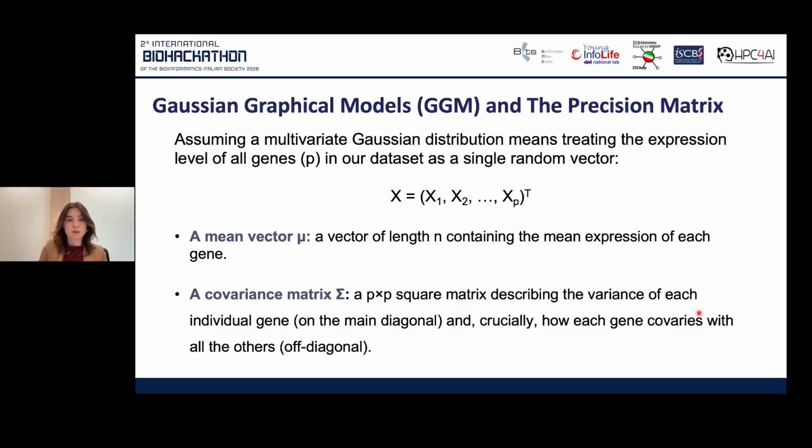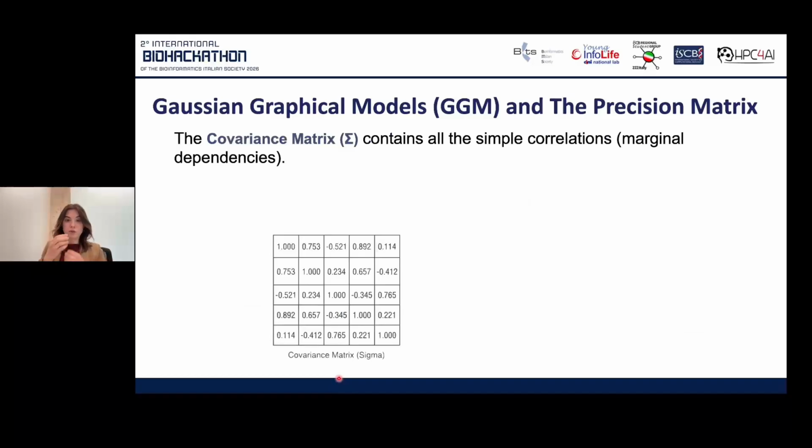The covariance matrix will give us the variance of each individual gene in the diagonal, but crucially will also give us how each gene covaries with all the others. And that's crucial, of course.